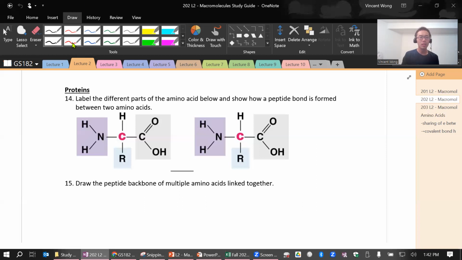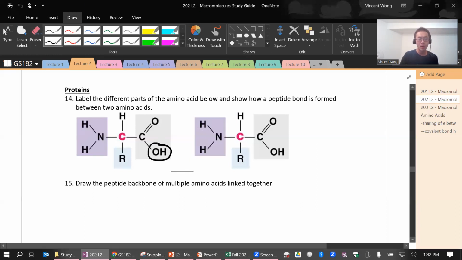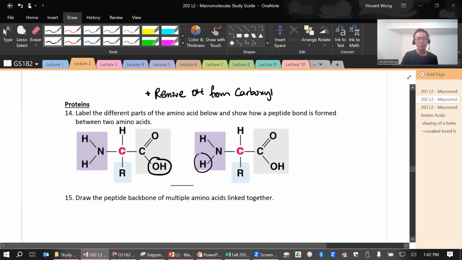Well, we are going to remove an OH from the carboxyl group. Okay, I'm gonna write here: remove OH from carboxyl group. We just say carboxyl. And we're gonna remove H and H from, what's this thing called? Well, if you roll it down, you should have it in your notes, the amino group.